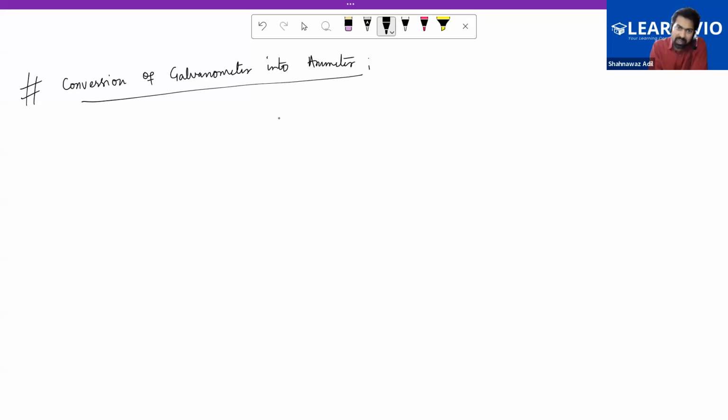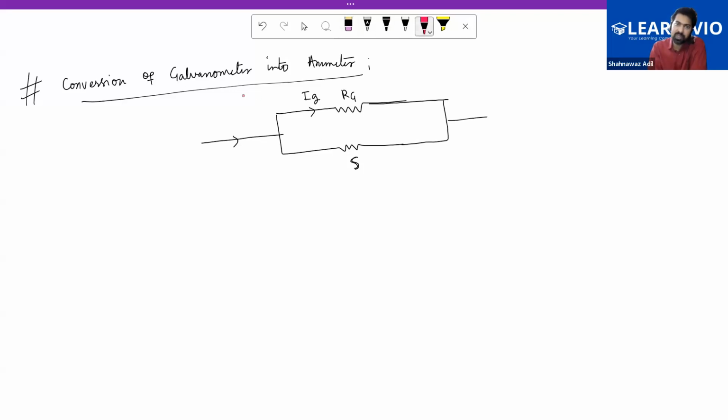So in the galvanometer, let's say this is the galvanometer, which has the resistance G, and the current passing through it is Ig. We connect a shunt resistance S to it, and then this whole device becomes the ammeter.